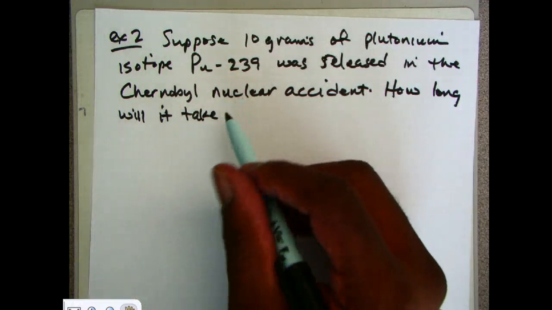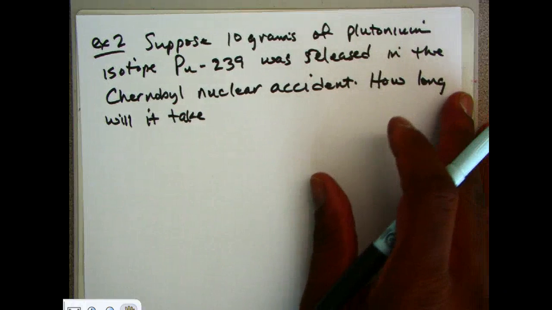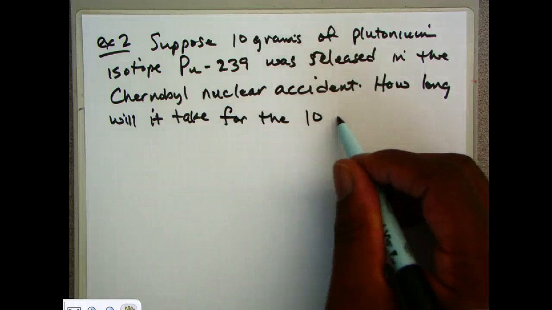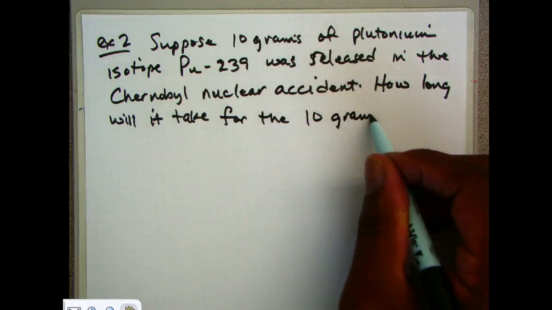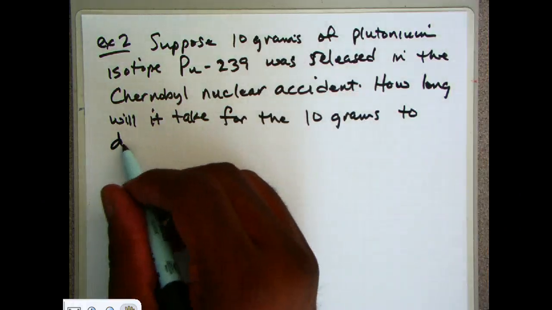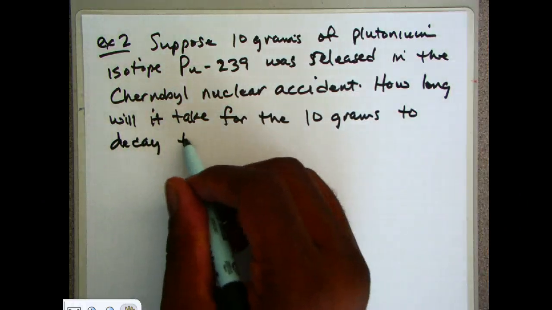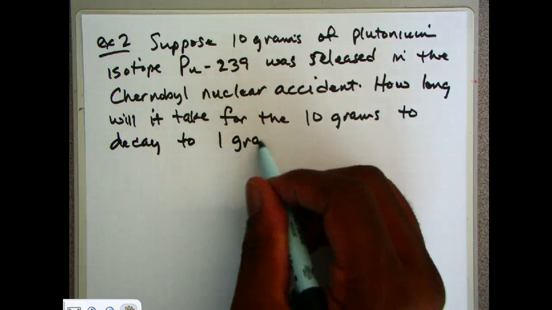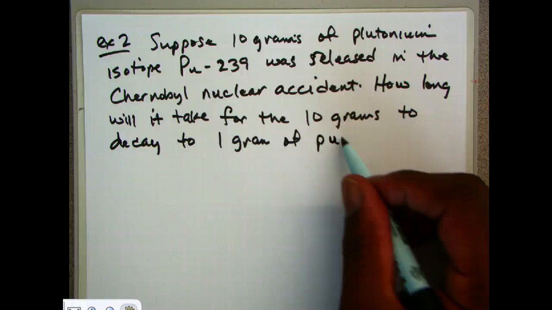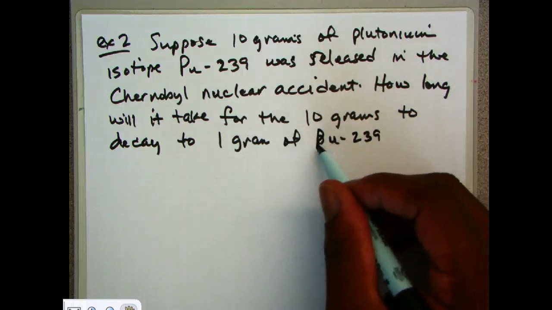How long will it take for the 10 grams of plutonium to decay to 1 gram of plutonium?